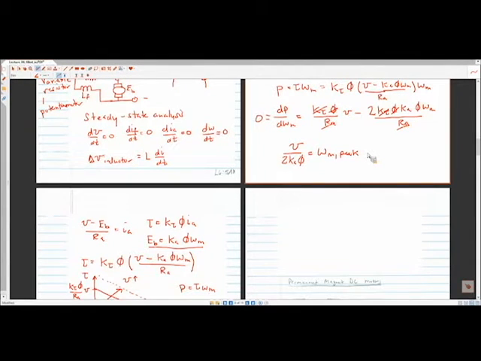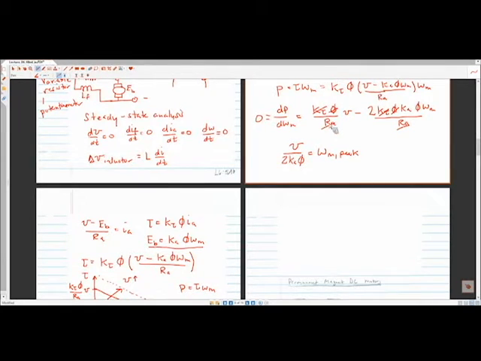Where are you asking about the phi squared? I distributed k tau phi to the right-hand side. Let me walk through this. If I expand this out, I have k tau phi V over Ra omega m. Taking the derivative with respect to omega m, I just get k tau phi V over Ra.